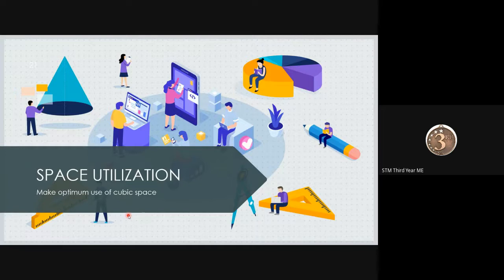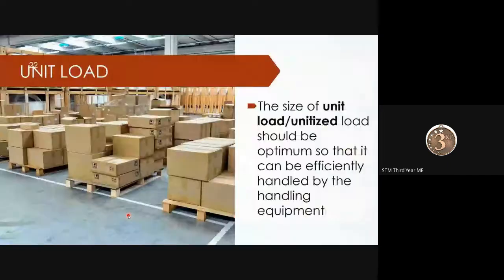Any waste space is also considered a wastage under lean manufacturing, and thus we have to avoid that. We have to utilize the space as much as possible with all the necessary commodities or basic comforts. We are not compromising such things, but we are utilizing the space as well as possible. So that comes under space utilization.